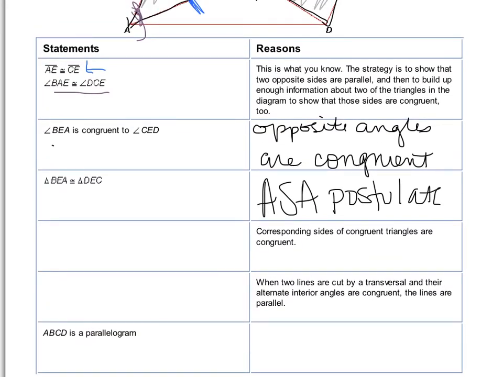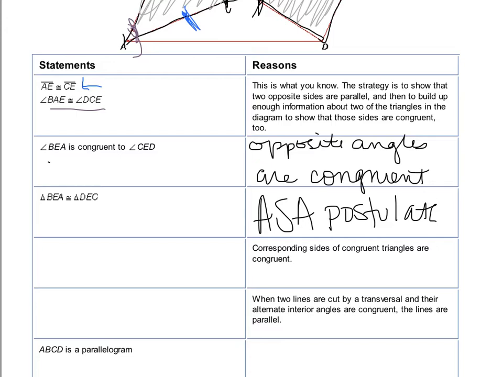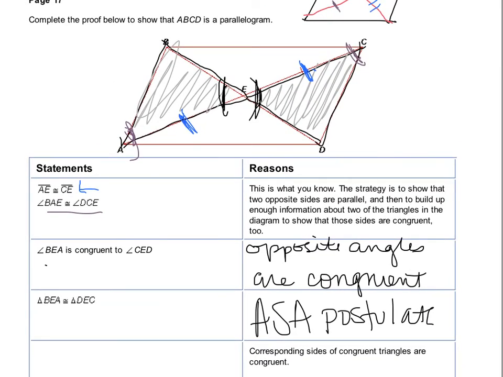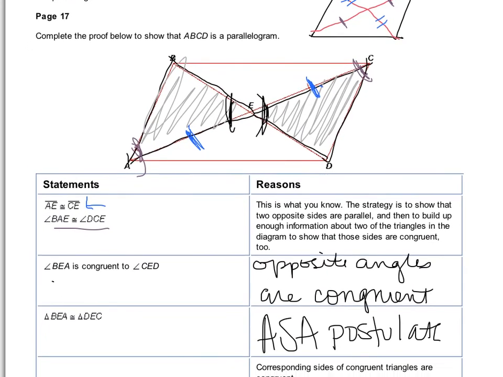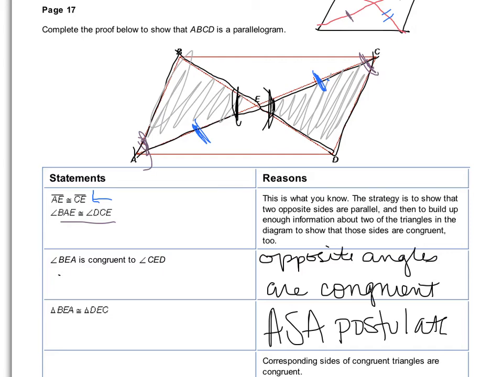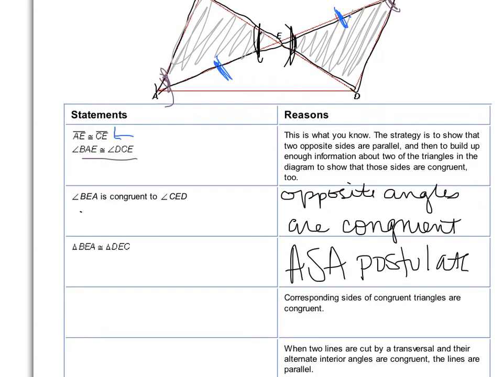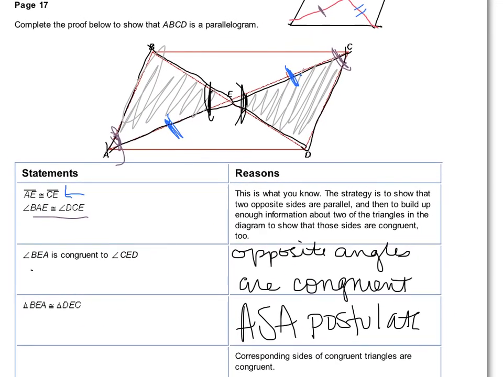Okay, so now they've given us the reasons, so we've got to figure out what they're telling us now. So think about what you just proved. You just proved these two triangles were congruent. Now you're saying corresponding sides of congruent triangles are congruent. So we're saying that two sides are the same, and we're trying to eventually prove this is a parallelogram. Well, in order for it to be a parallelogram, we have to know that AB and DC are congruent.